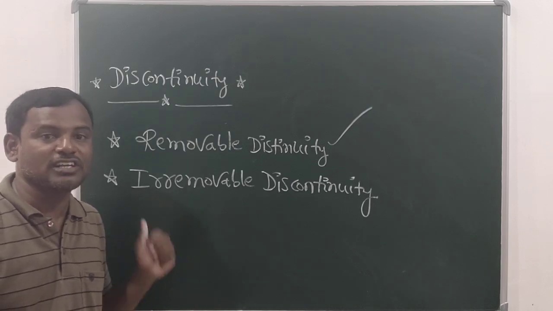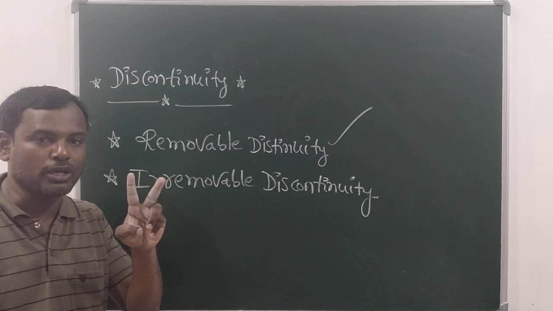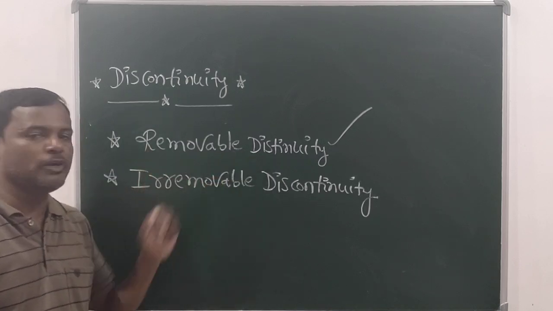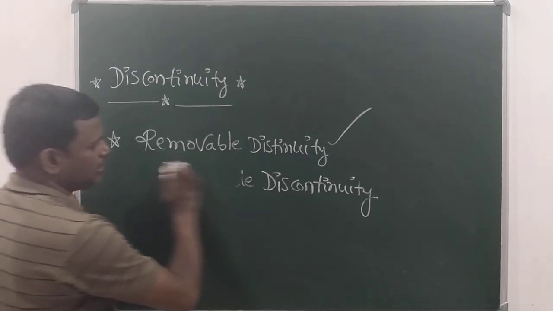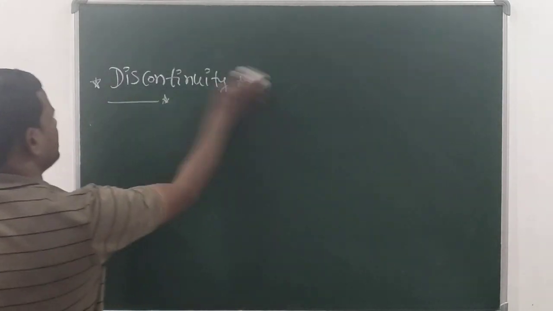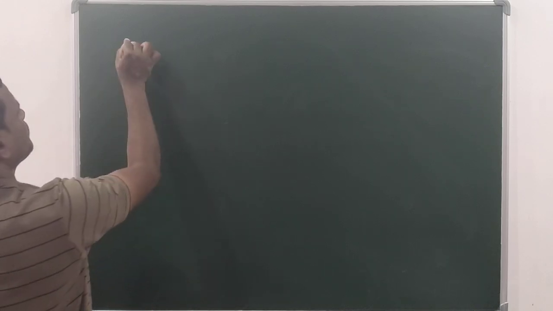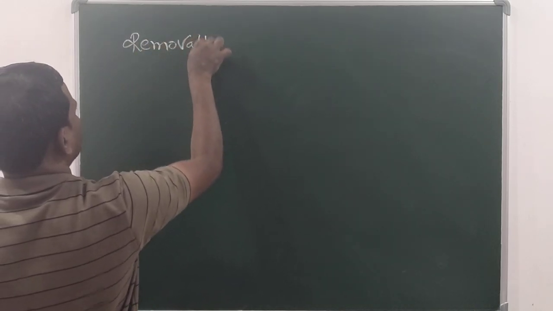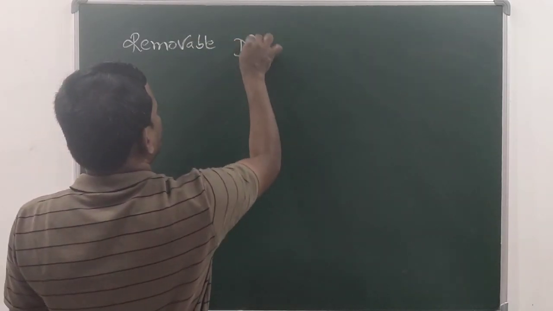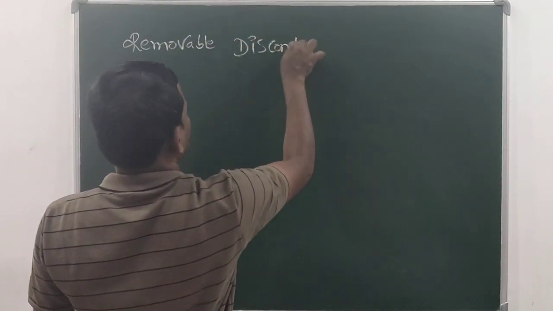How many types of discontinuity do we have? 2 types. What are they? Removable discontinuity, irremovable discontinuity. Now let us go to the removable discontinuity.